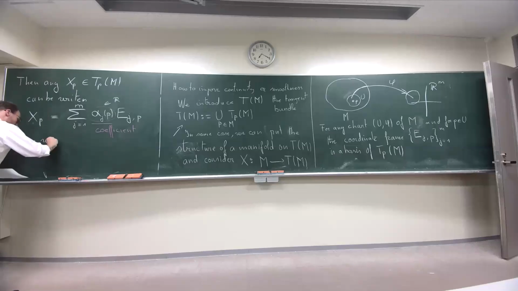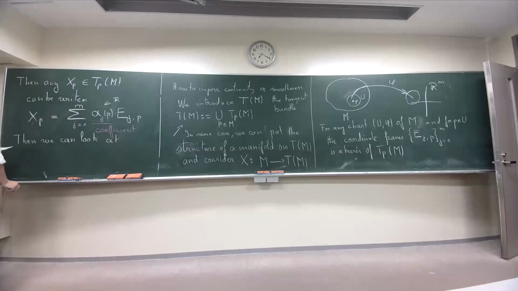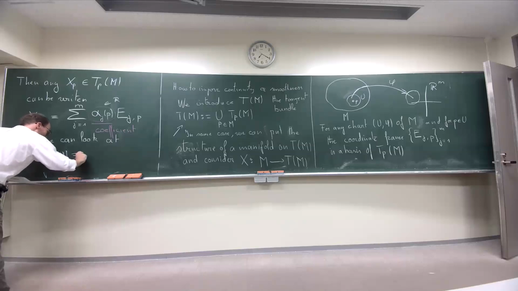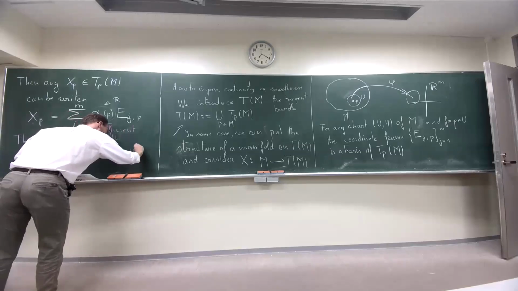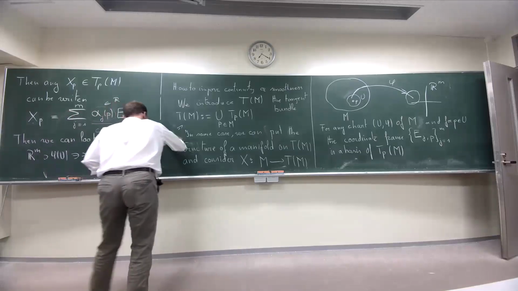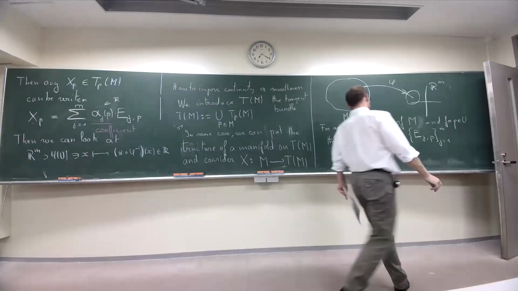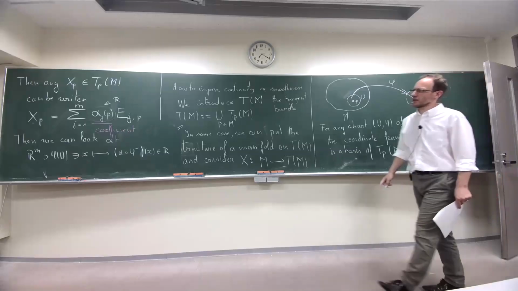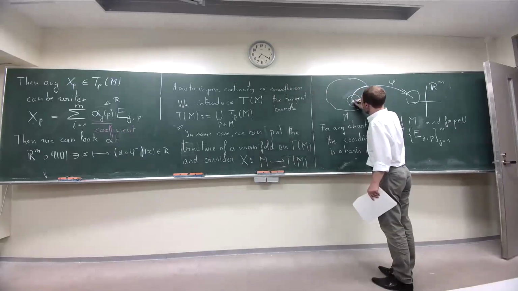But then I'm going to look at the following function. We can look at the function from Rm, phi of U, x goes to alpha composed with phi minus 1. I'll let you look at it. I want to move around different points here.